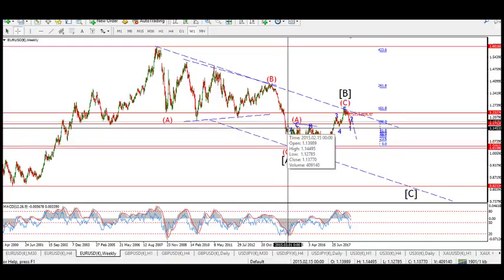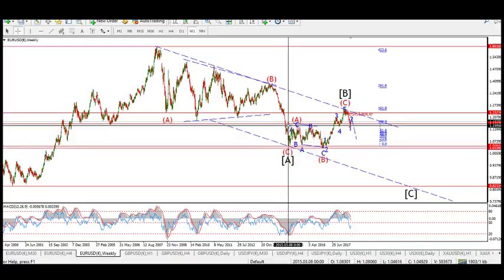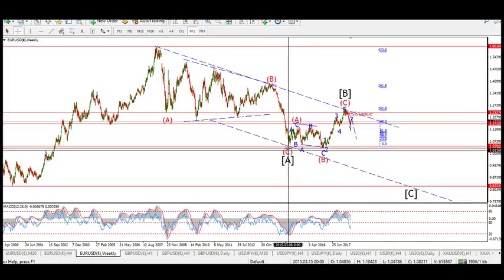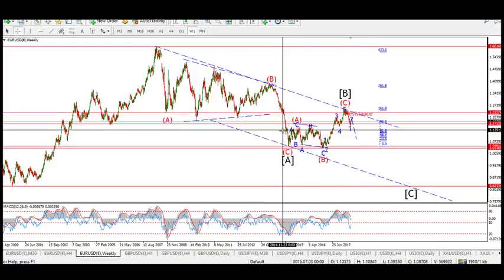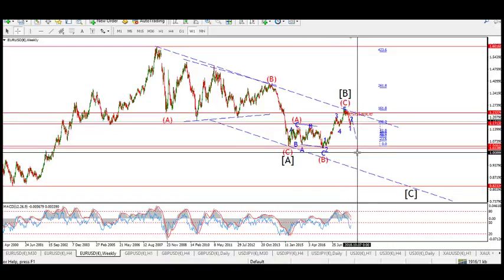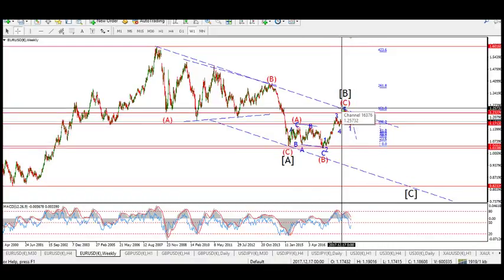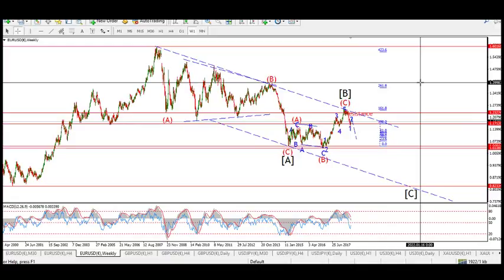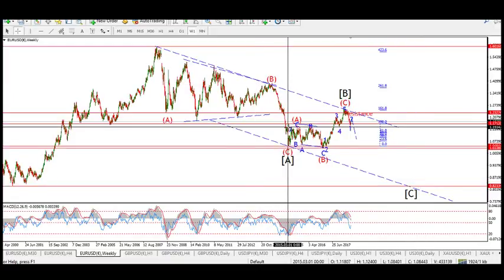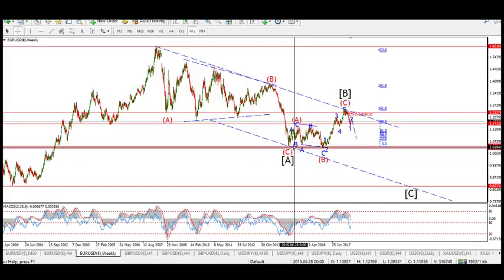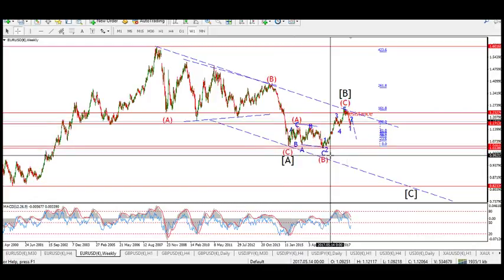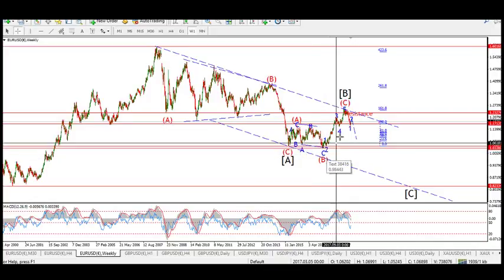Since the wave A low in March 2015, at about 104, we've had this long, drawn-out corrective move sideways and upwards, which lately we've retraced a little bit of. So the move off the wave A low in 2008 is viewed as an expanded flat correction upwards.